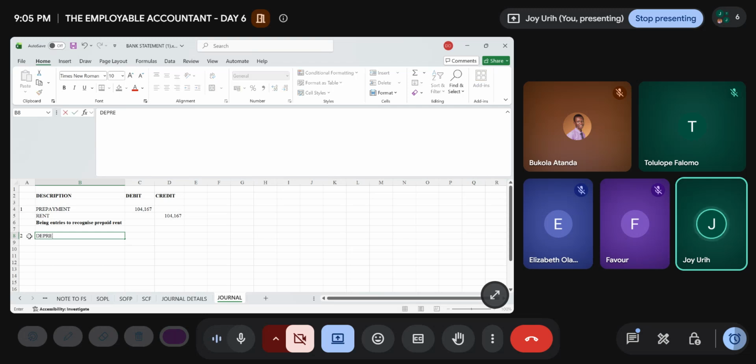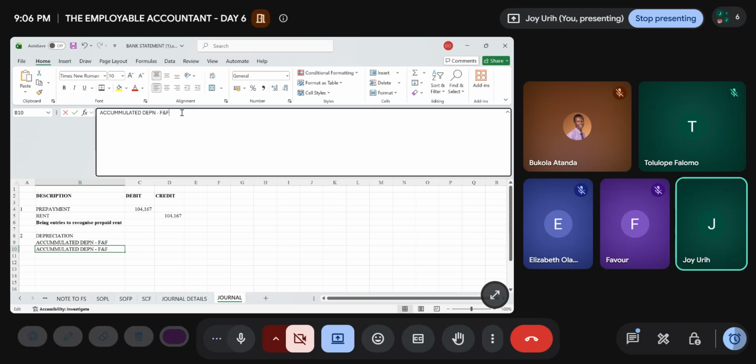So we have depreciation, then we are going to be having accumulated depreciation, F and F, so furniture and fittings. So I'm going to add these two. For the office equipment, I'll call it O and E.